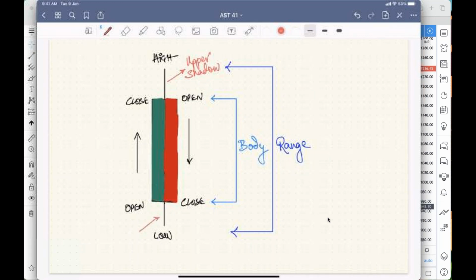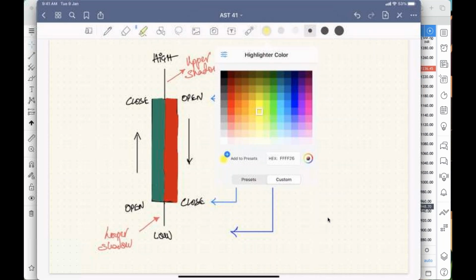This one is called the tail or the lower shadow. That is, how much did prices bounce back from the day's low? If it bounces a lot, then it will depend on the open and the close, how much is the length of this lower shadow.